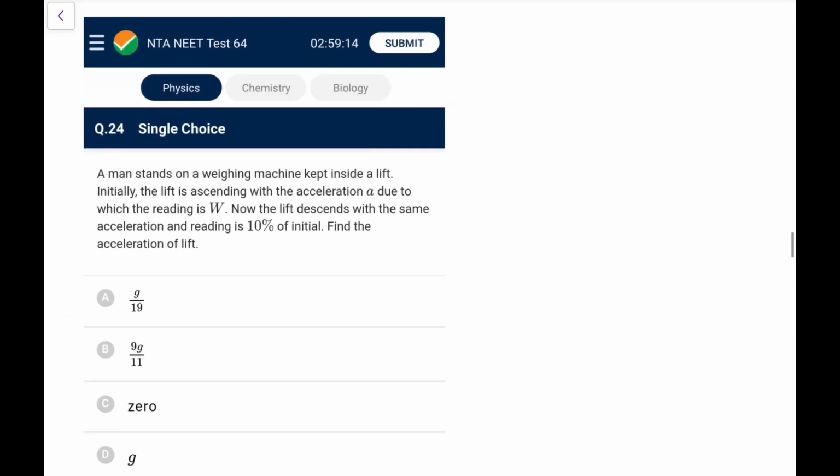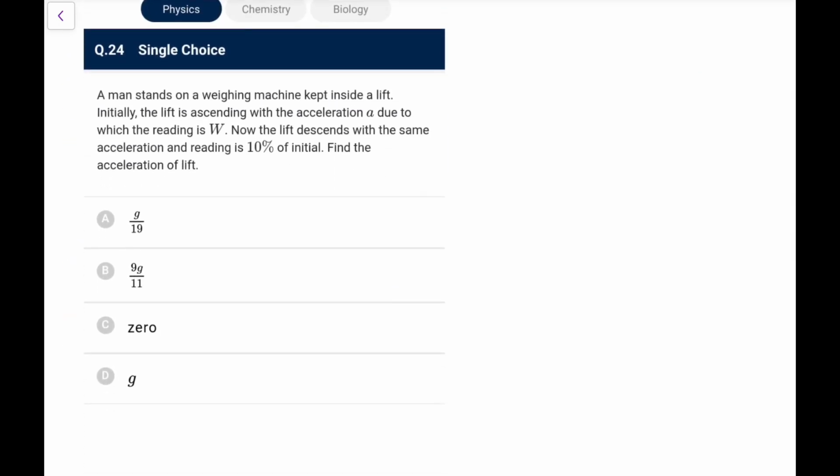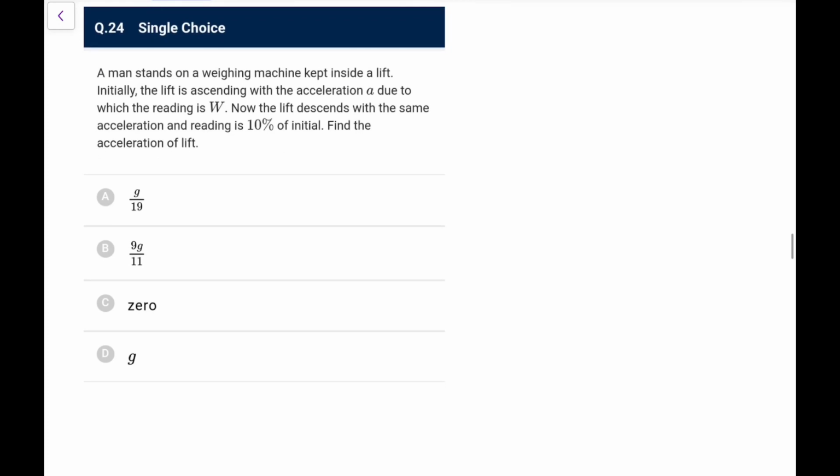Okay, next. A man stands on a weighing machine kept inside a lift. Initially the lift is ascending with the acceleration a, due to which the reading is W. Because it is going up with acceleration a, the weight would be greater, W would be mg plus a. You know this. Now the lift descends with the same acceleration and the reading is 10% of initial.